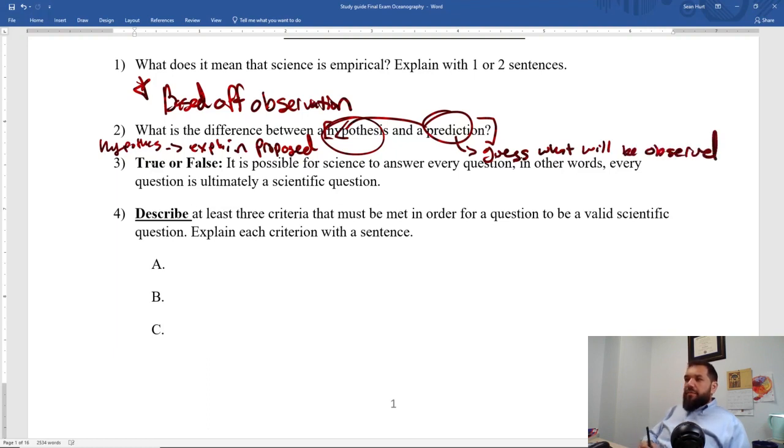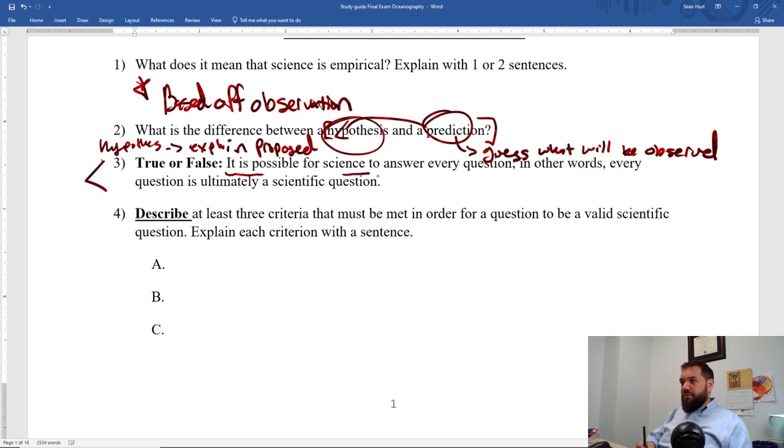Anyway, a big part of the philosophy of science in this class is that I'm trying to get people to understand that science doesn't answer every question, and it has limits, right? To define something means to actually set out what the limits are. So this statement here is false.